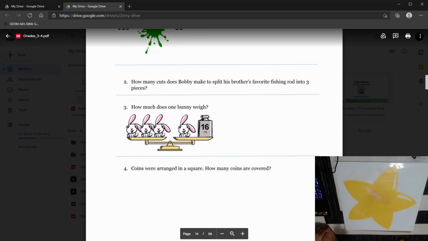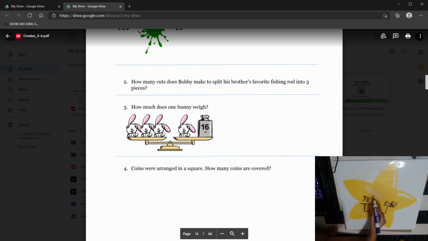How much does 1 bunny weigh? So we know that 3 bunnies, 3b, and b, which basically means 1 bunny, plus 16 are the same.